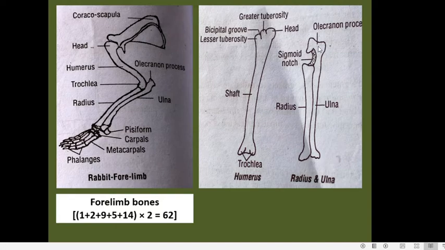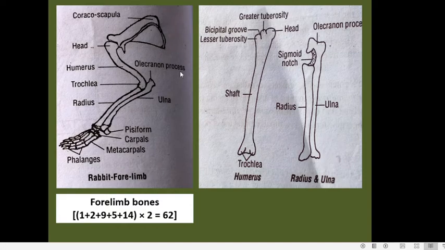This ulna proximally bears a notch which is called the sigmoid notch. It is into this sigmoid notch that the trochlea of the humerus comes and fits, because the radius and ulna come after the humerus. So the trochlea of the humerus fits into the sigmoid notch of the ulna. Basal to the sigmoid notch, there is a backwardly projecting process arising from the ulna, which is called the olecranon process.